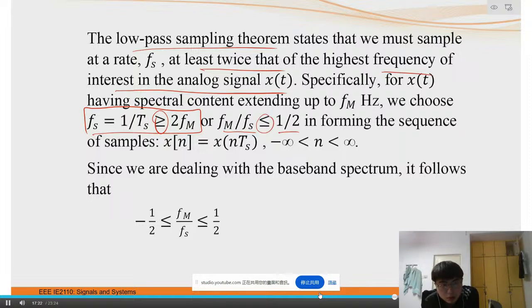in order to ensure that the sampled version of the original signal, the sequence of samples, can preserve the frequency content. Okay.